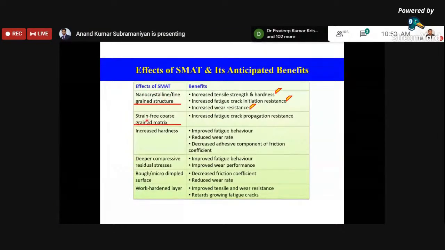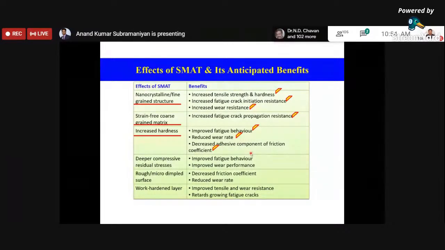And we also have this strain-free coarse-grained matrix, which is unaffected, right? As I told, this will have a good amount of ductility and toughness that is going to increase your fatigue crack propagation resistance. And the increased hardness at the top surface is going to improve fatigue behavior, particularly the fatigue crack initiation, and reduce the wear rate, and also decrease the adhesive component of the friction coefficient.